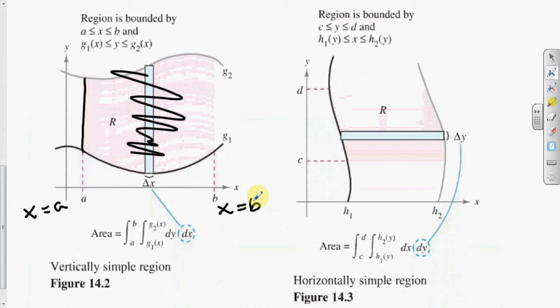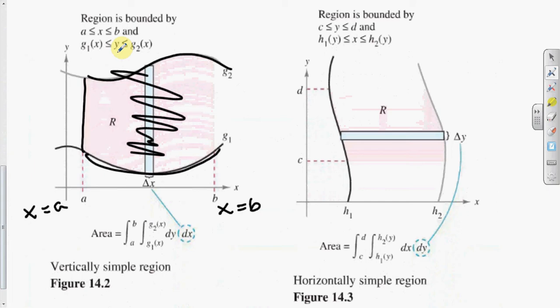And then I bound the region above and below by two functions. The below function is g sub 1, and the above function is g sub 2. So the key that you want to keep in mind, if it's vertically simple, I want to bound the region by two vertical lines. That's the key.